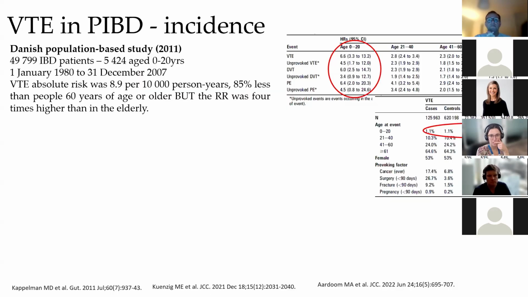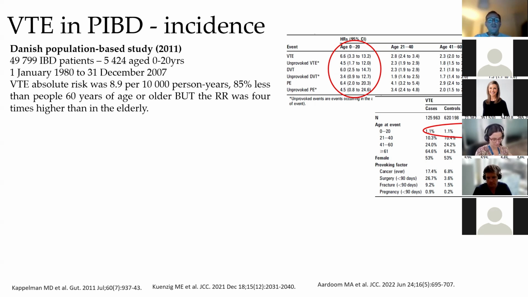Next slide, please. So I think one of the difficulties with this type of work is trying to find the proportion of patients who develop clot complications with colitis in hospital.